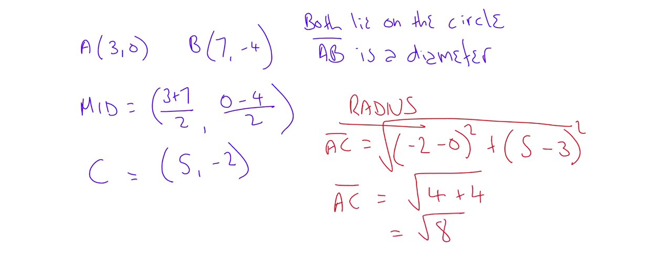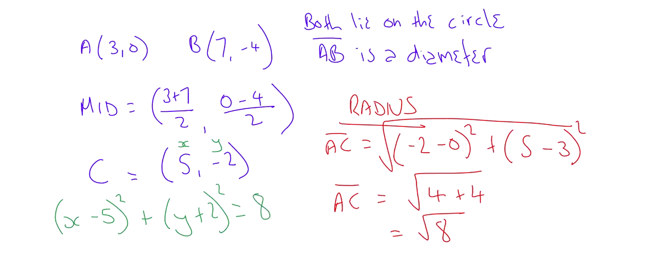So if I want to write the equation of this line, let's put all of that together. So x, and then remember, this is my x and y coordinate. So x minus 5 squared. And then this is my y plus 2 squared. And what does that equal? 8, because remember, this is the radius squared.